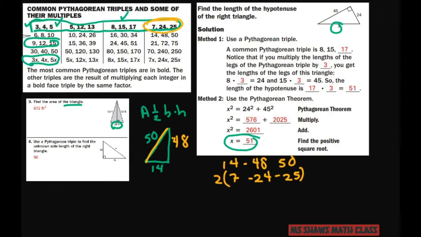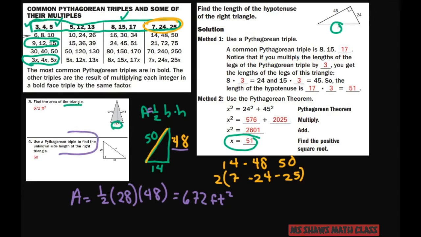Now we can use our formula and know that area equals 1/2 base times height, which is 48, and that's going to give you your 672 feet squared. And then use the triples to find this.